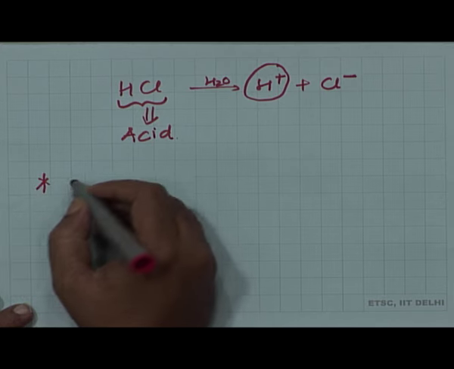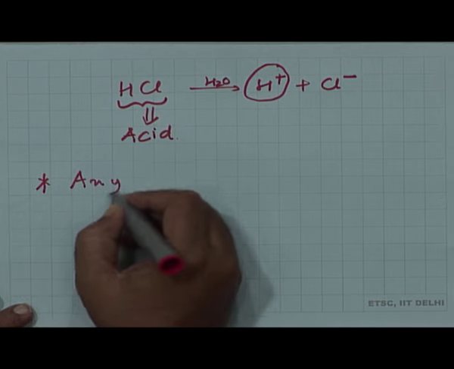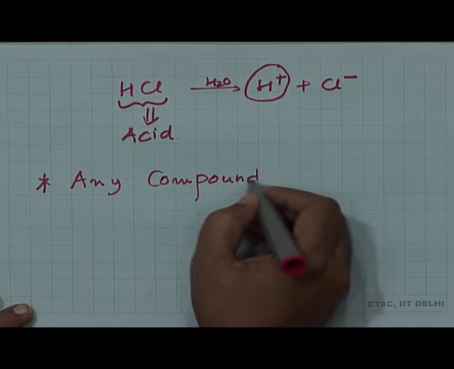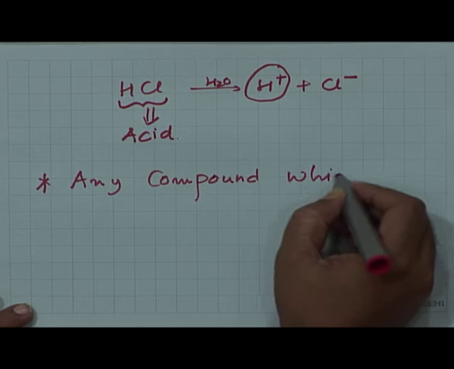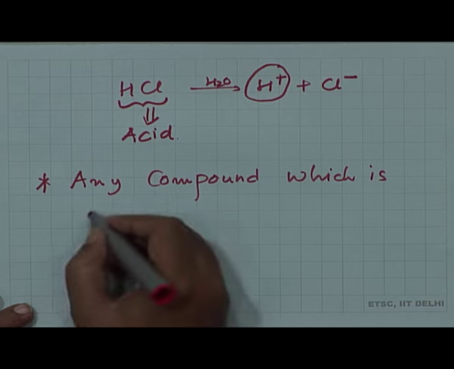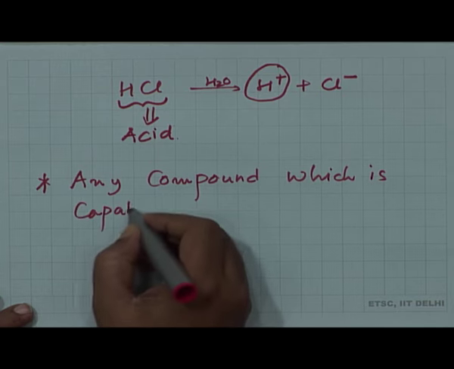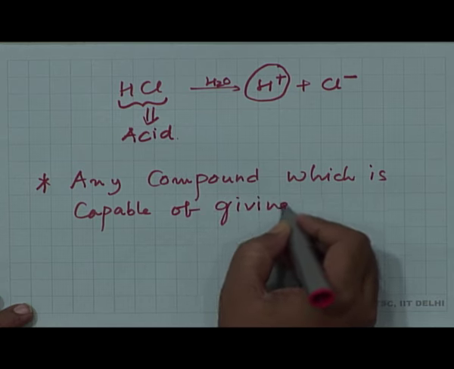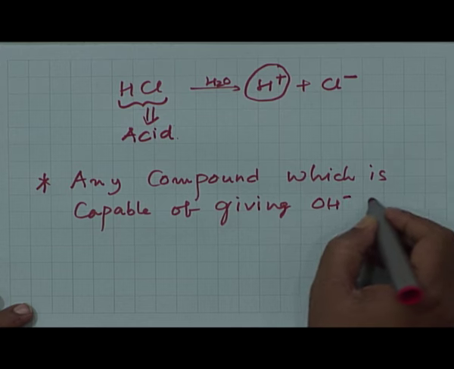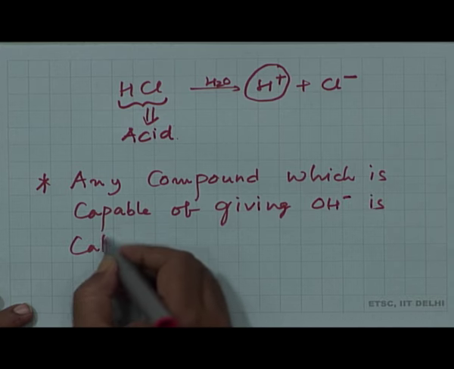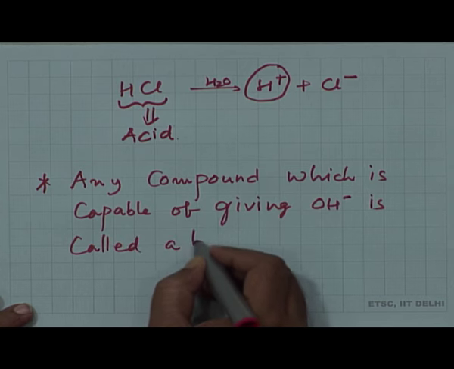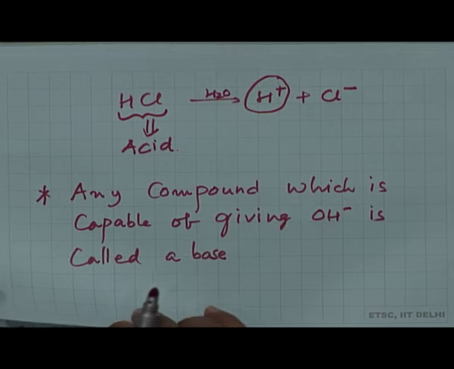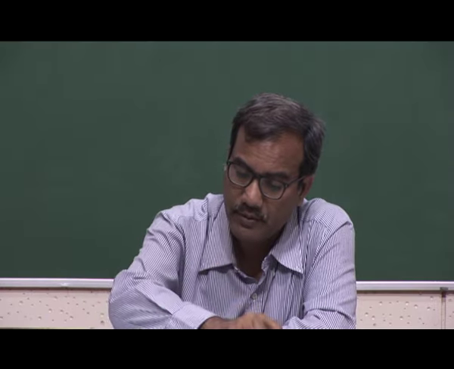Whereas, any compound which is capable of giving OH minus is called a base. This is the Arrhenius definition for an acid and a base.